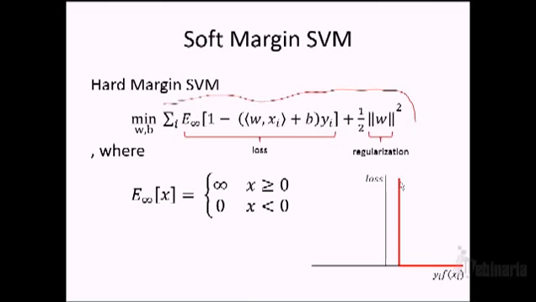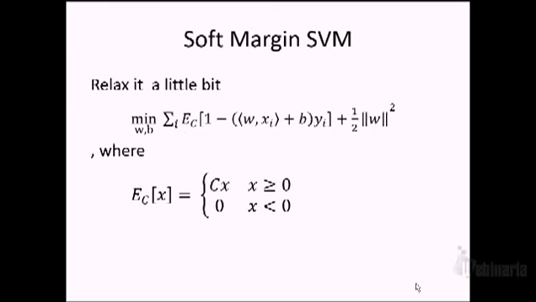We have the same situation here, except that the loss function is a very harsh loss function that's equal to infinity not just if you are misclassified, but if you get even into the margin, the loss function becomes infinity. And so you can easily see that if the problem is not linearly separable in the feature space, then there is no solution for the hard margin SVM.